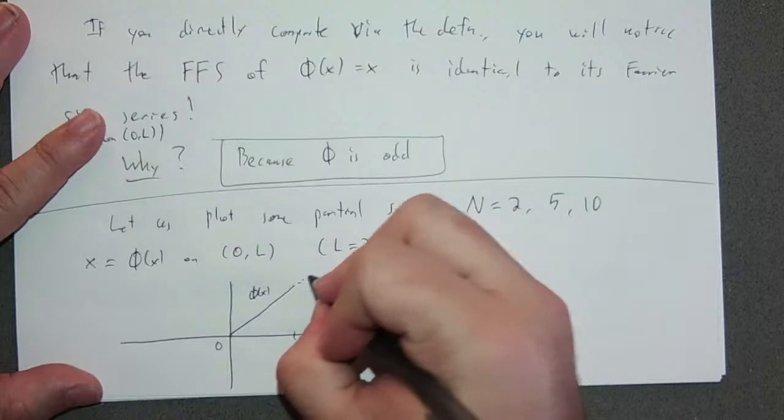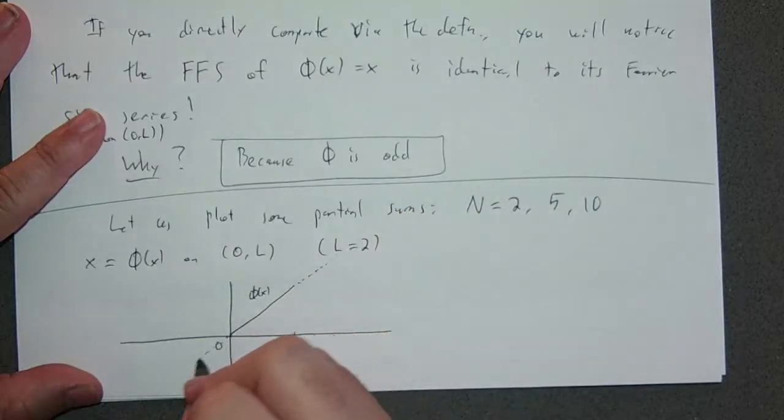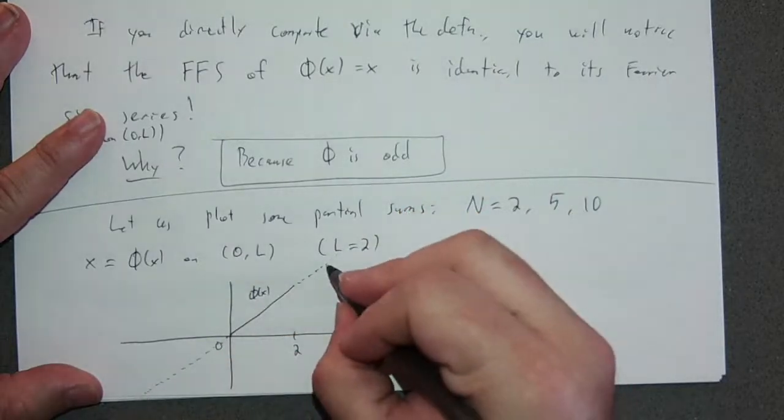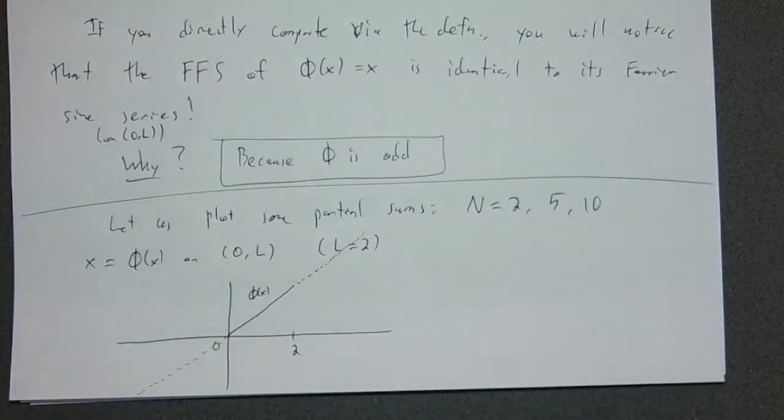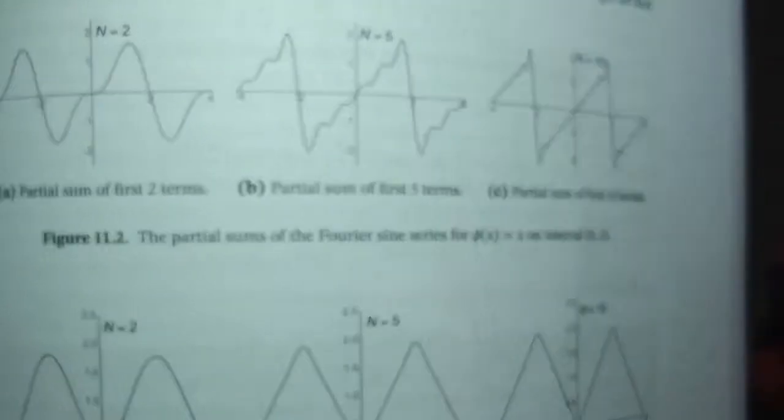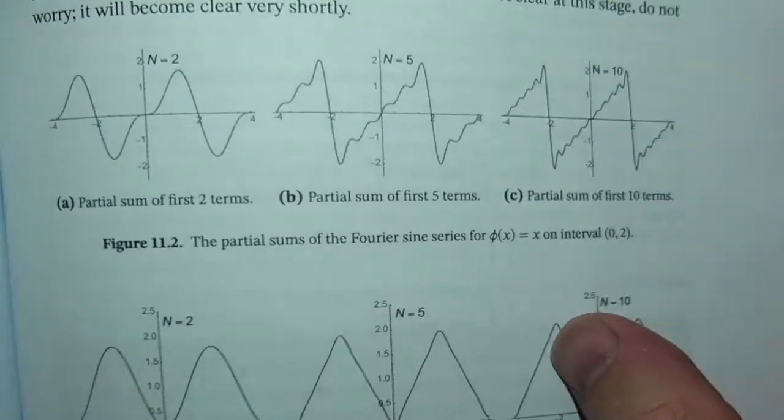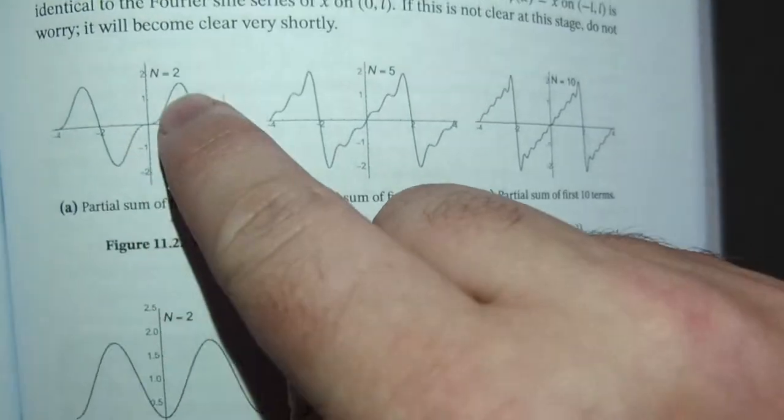And of course, this continues. Right? We know that. That's what phi of x is off of 0 to 2, but this is the piece we're interested in. So what is it that's going on in these pictures? So let's first draw our attention to just what happens from 0 to 2.